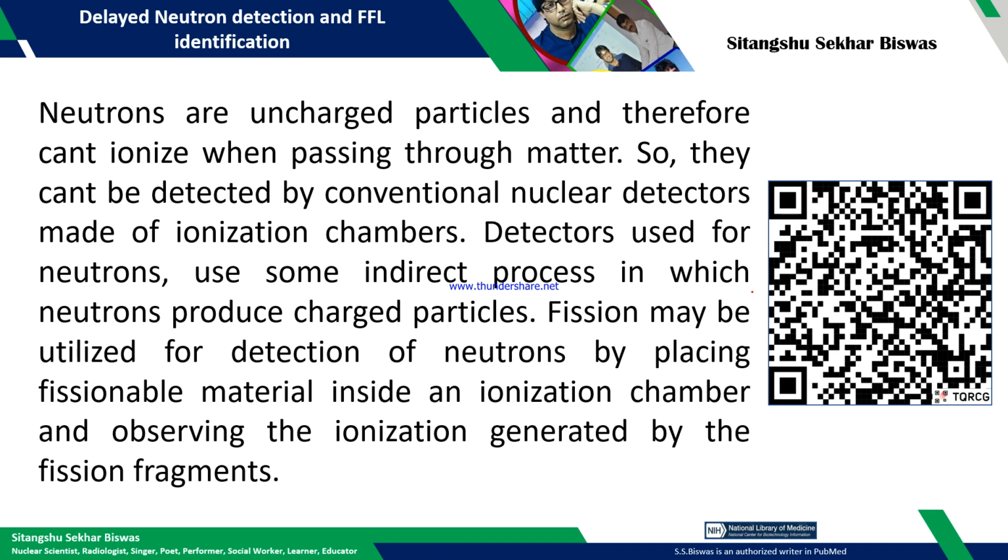There will be a chamber. The inner lining of the chamber should have a deposition of enriched fissile material, and once the neutron is absorbed there, the fission will occur, creating some ionization.